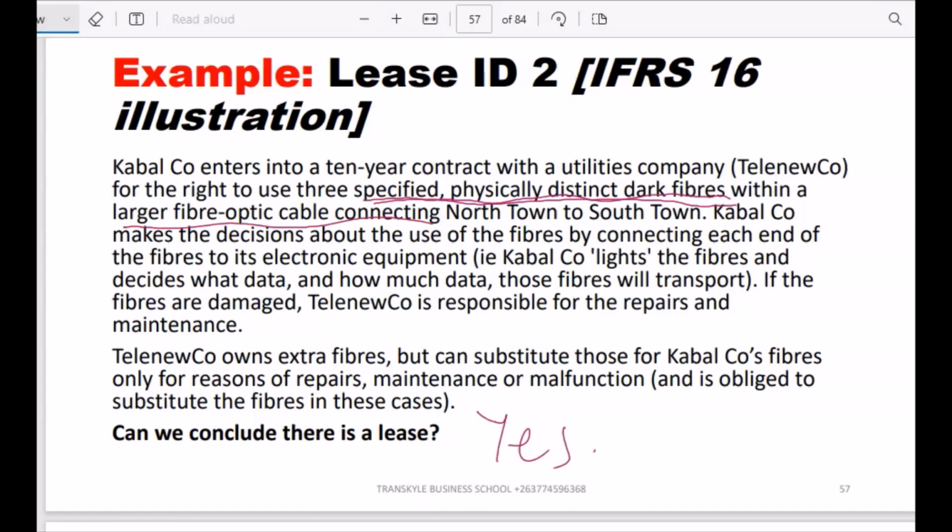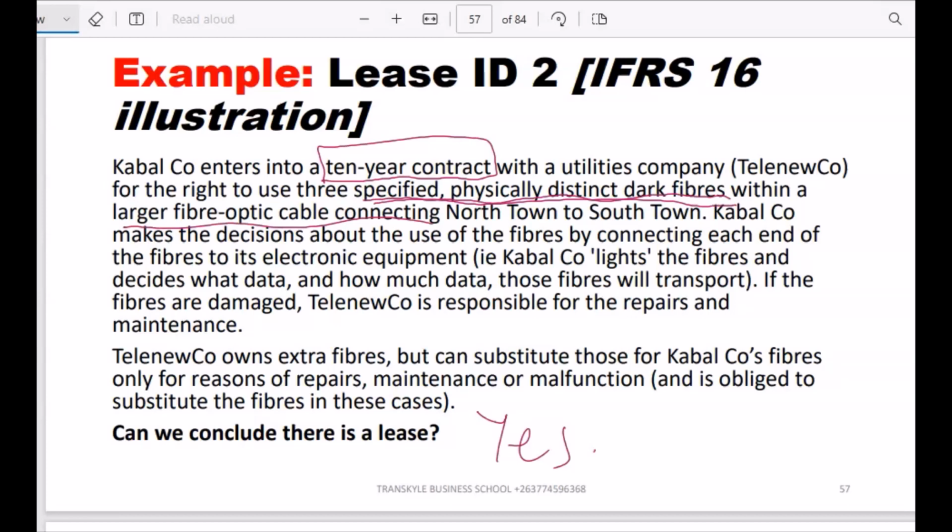We can see that these are the fibers in question. Then we can also see that Cabocco can make decisions on the use of the fibers. It is actually unmitigated control. It has control over the use of the asset. For what period? For a specified period of time, and this is a 10-year contract. So the period is specified.